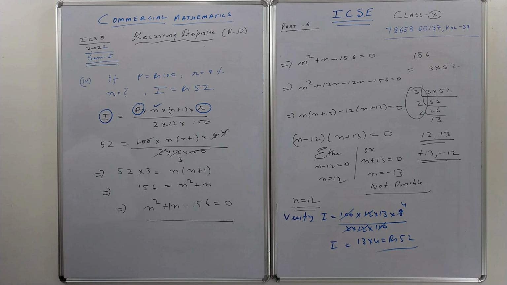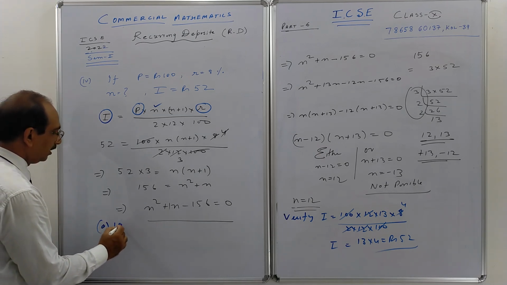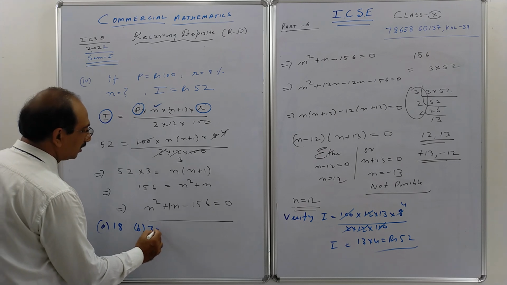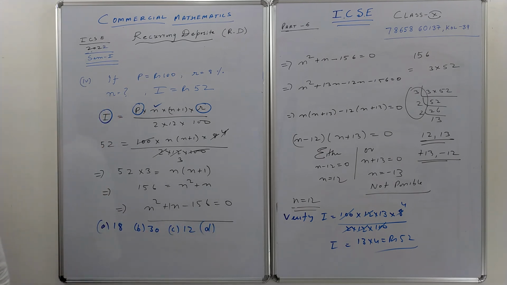And if you see the options, children, options are 18, 30, 12. If you see option 18, 30, these are all months, 12. And the last option is, I think, some value like 6.